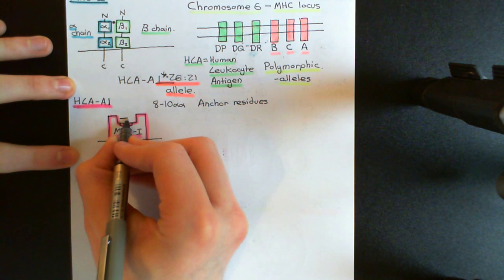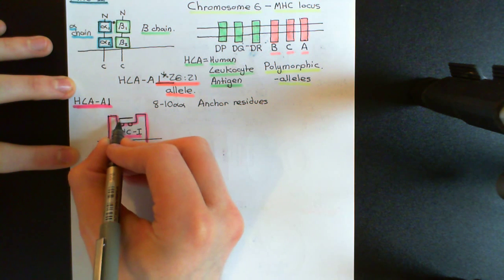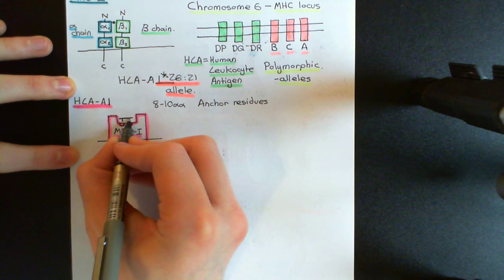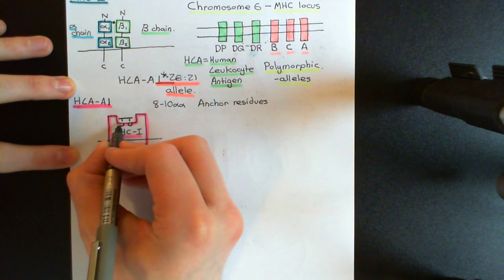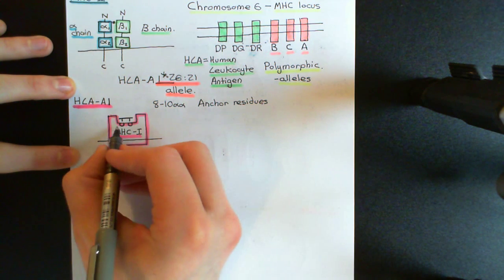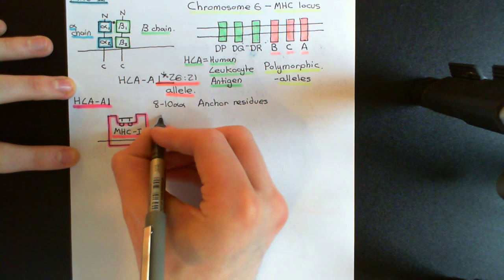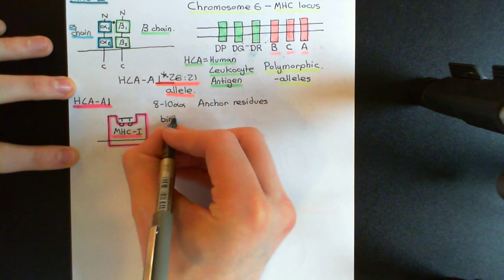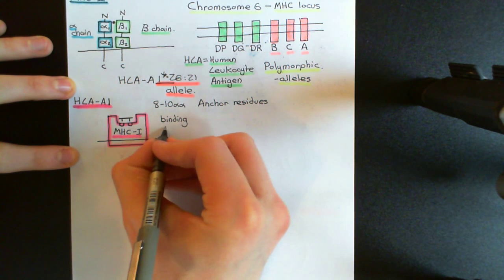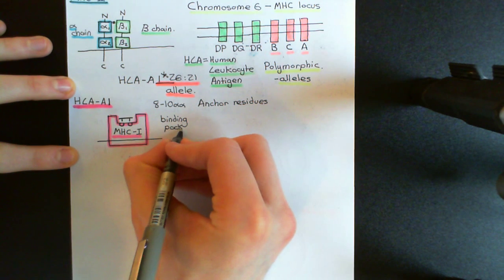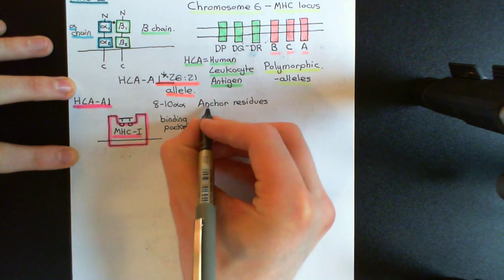So in order for the peptide fragment to be able to sit in this peptide binding groove here, it has to have certain amino acids at certain positions which can fit into these peptide amino acid binding pockets. So these are the concept of binding pockets. And these residues that you have to have in certain positions, these are called the anchor residues.